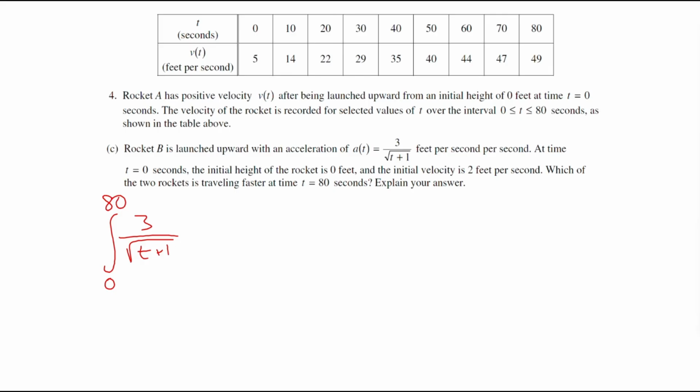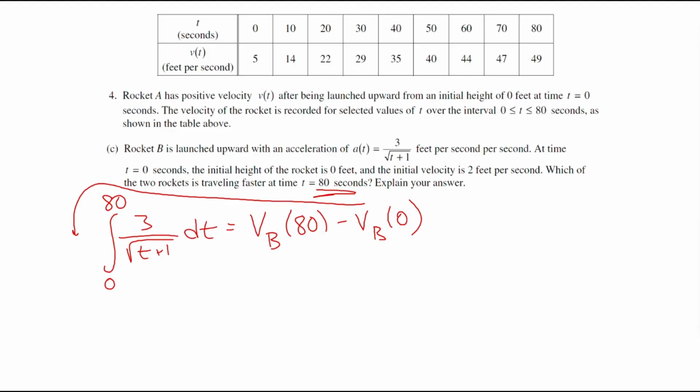And the integral of acceleration is velocity. We'll call it v sub b. And it should be v sub b at the upper limit minus v sub b at the lower limit. So if I'm looking for the velocity of rocket B at 80 seconds, I just need to add v sub b of 0 out to the front.